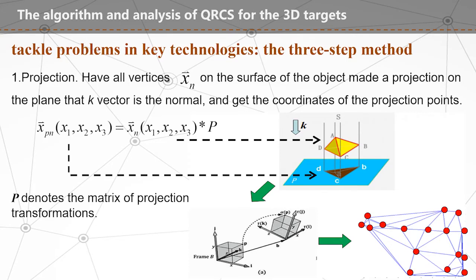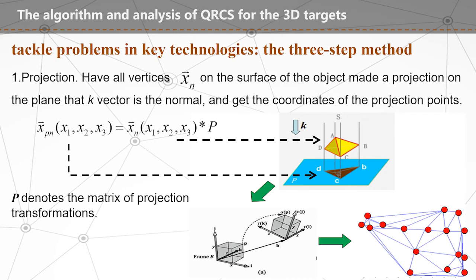Actually, this theory is about the algorithm that can deal with the QRCS calculation. We usually call it a kind of 3-step method.